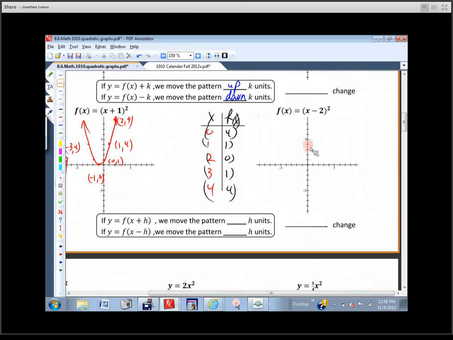So 0, 4, 1, 1, 2, 0, 3, 1, 4, 4. Again, important, extend it past those points that you've graphed, put arrows on it.